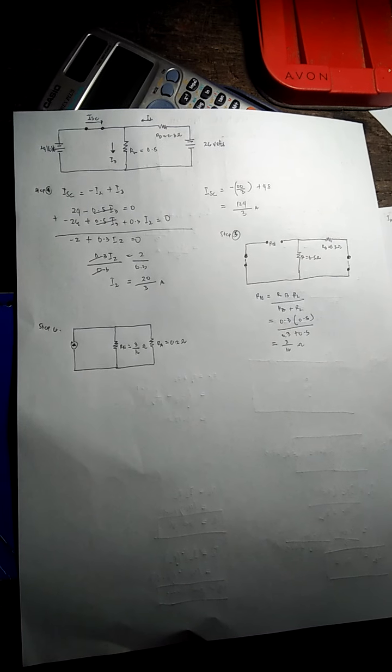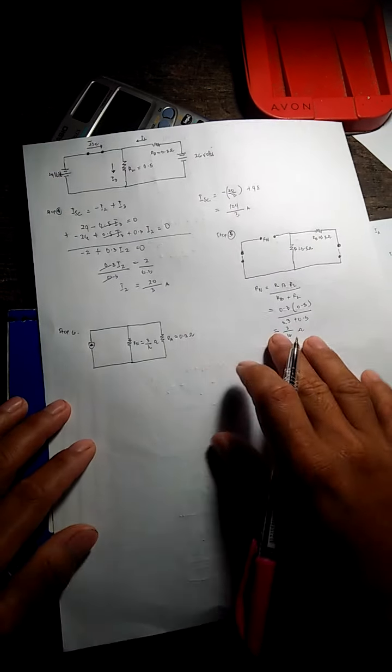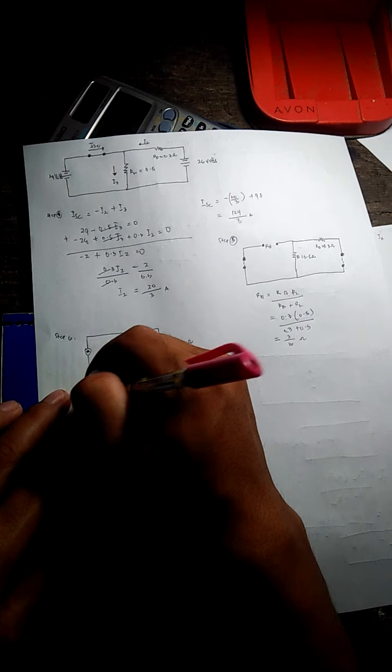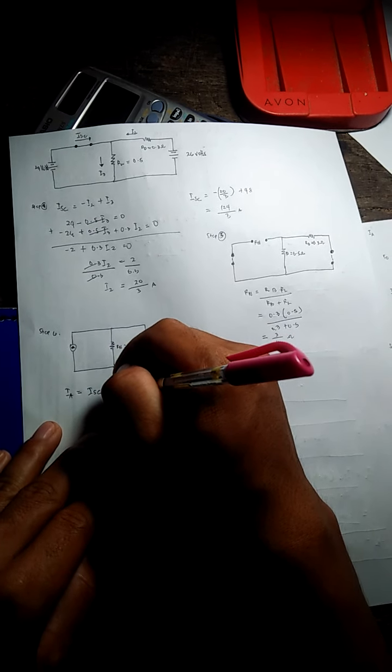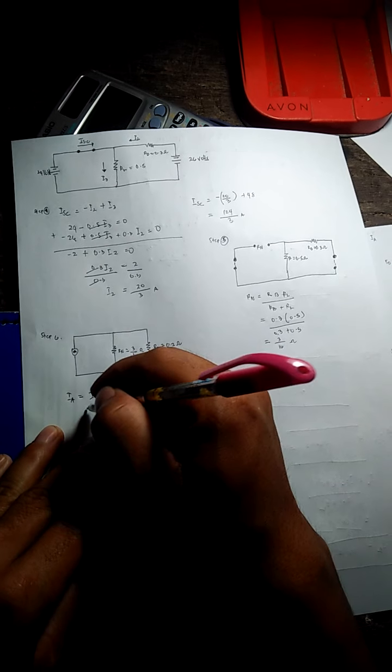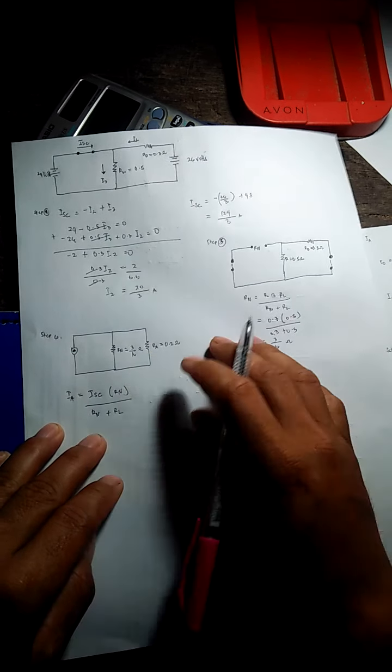Since we have now our Rn and ISC, we can now solve for IA. IA can be solved by ISC times Rn over Rn plus RL.